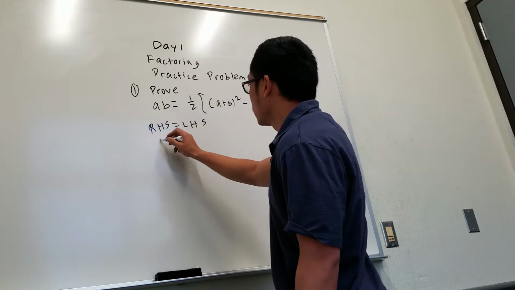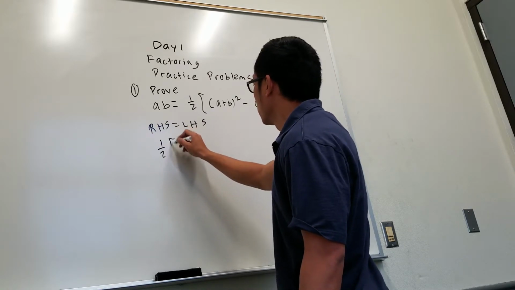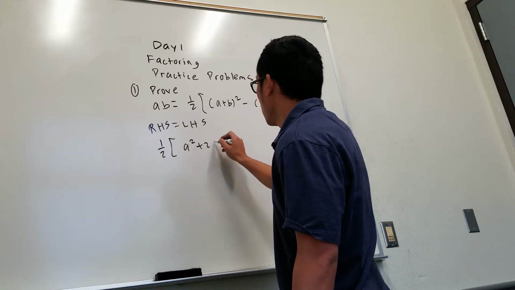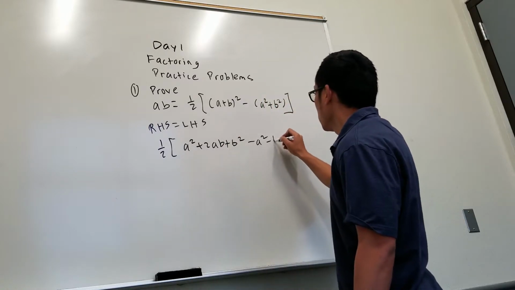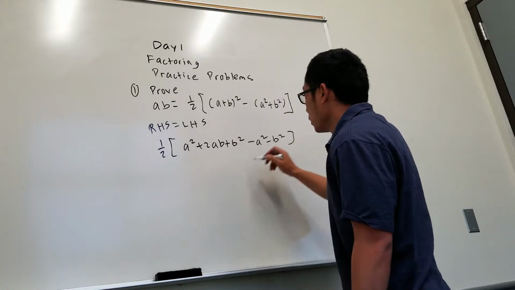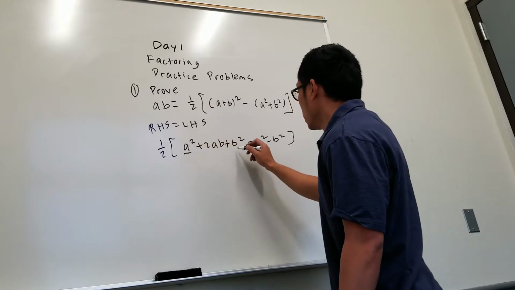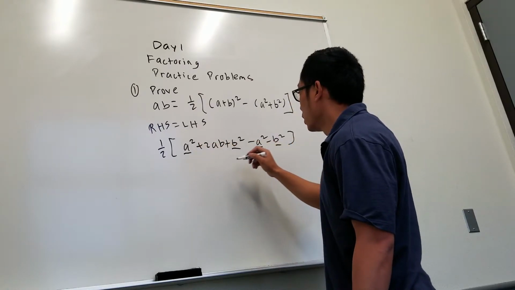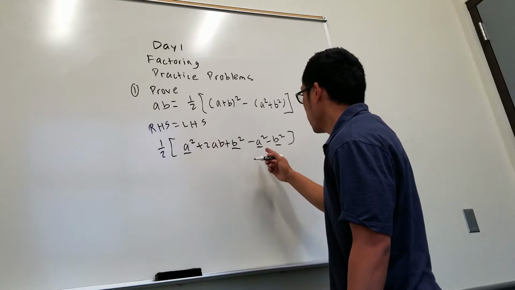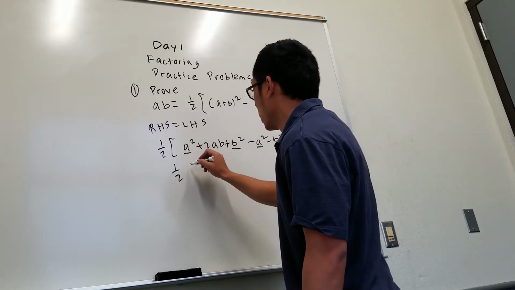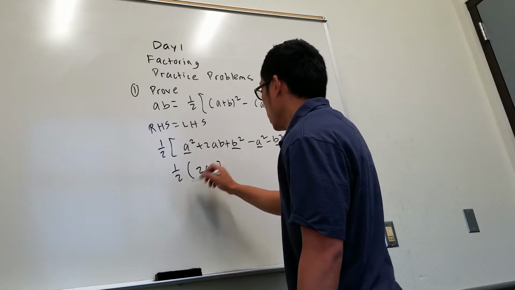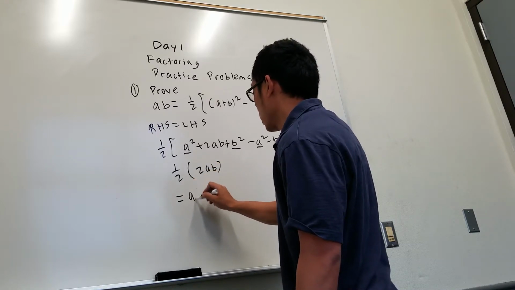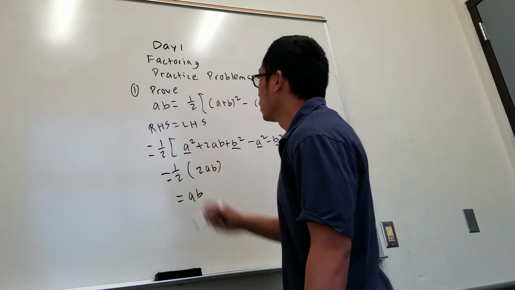So this is 1/2 times a squared plus 2ab plus b squared minus a squared minus b squared. What do you notice? The a squared and b squared cancel. So you have 2ab left, right? So you have 1/2 times 2ab, and this is just ab. And there you go. We just proved it.